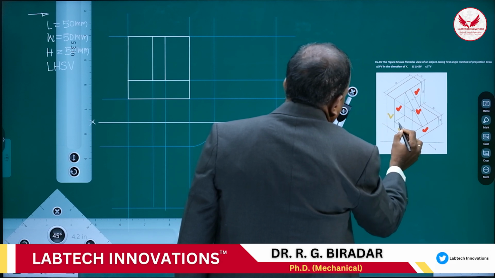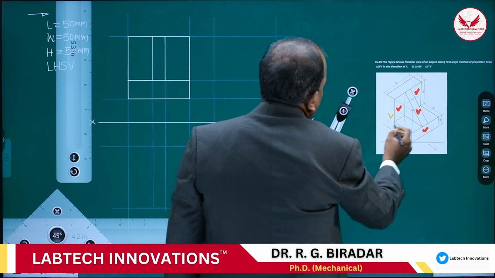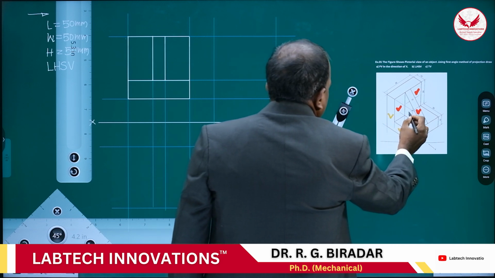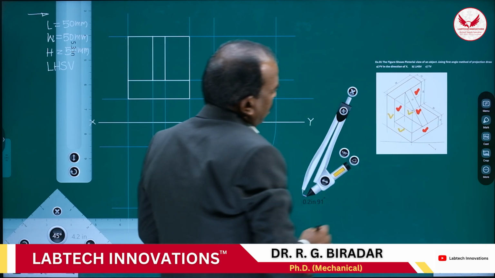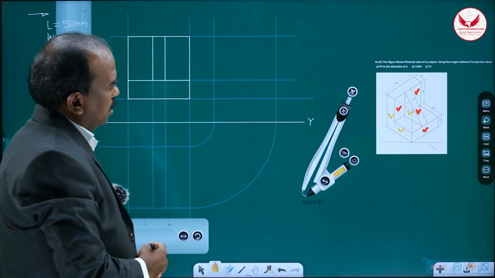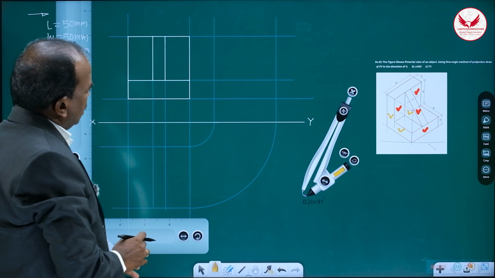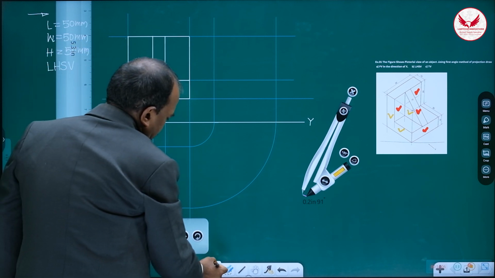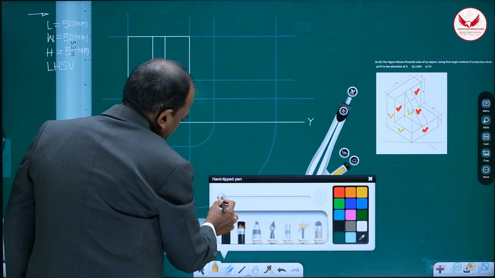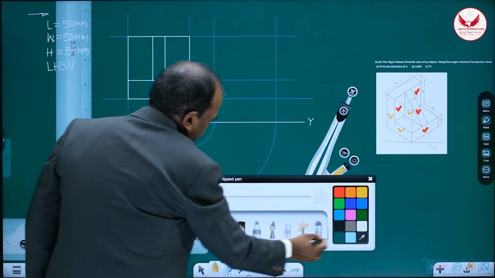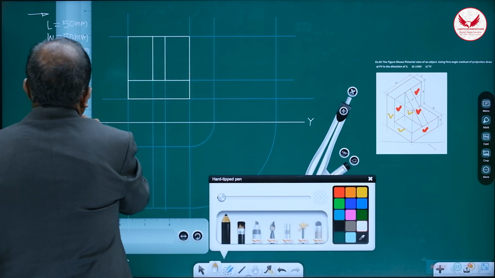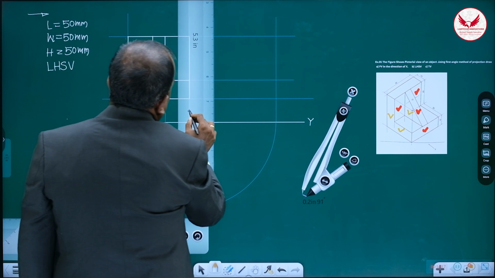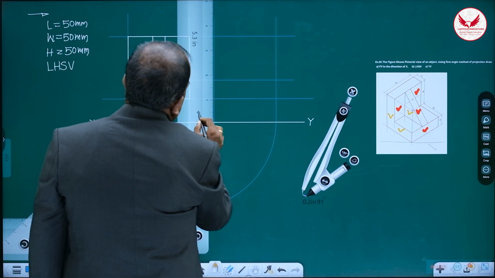So this is the single part only. And along with this, we can see this triangular portion also in the side view. Then first we'll prepare that L-shape portion. How is that L-shape portion in the side view?